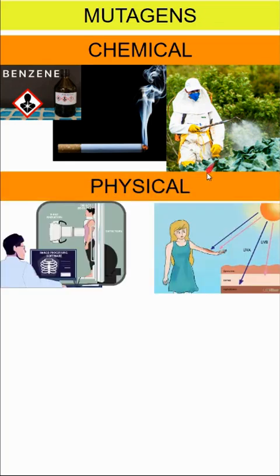We can also have physical things in our environment that can cause mutations, such as X-rays, different types of radiation, and although sunlight and UV radiation is essential for some things like the synthesis of vitamin D, it can also cause DNA damage, which can cause many problems.